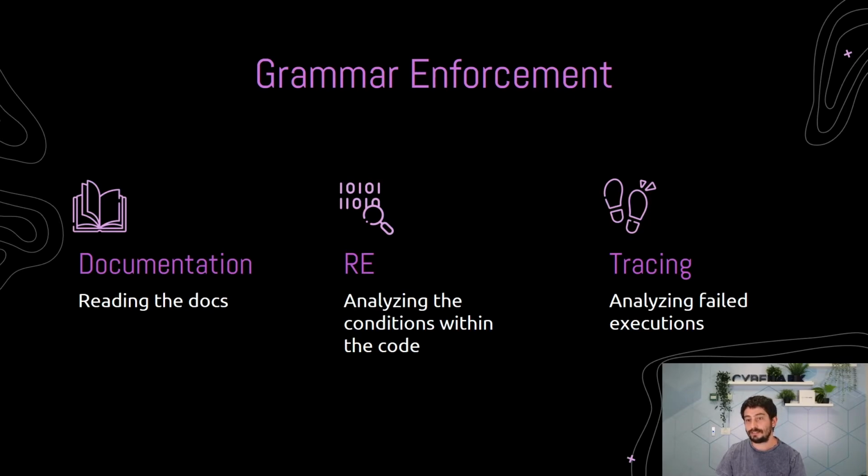Microsoft has great and vast documentation on RDP, and we got most of the grammar from it. And when that didn't work, we had to go through reverse engineering the code to see what is regarded as bad grammar. And when that failed, we had to trace the failed execution and find out what went wrong and how we can avoid that.